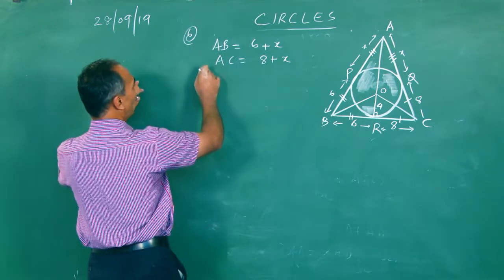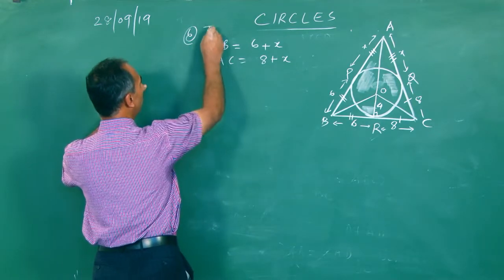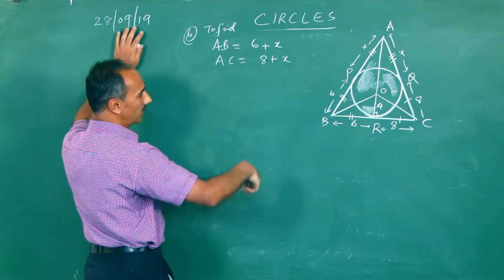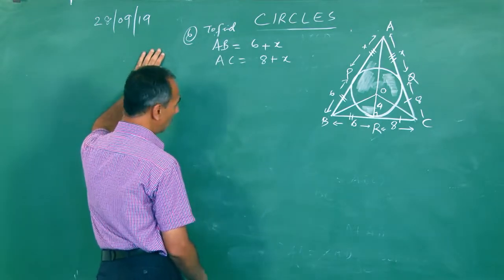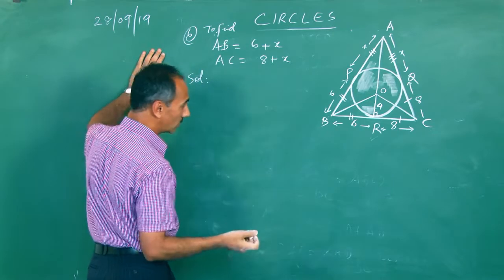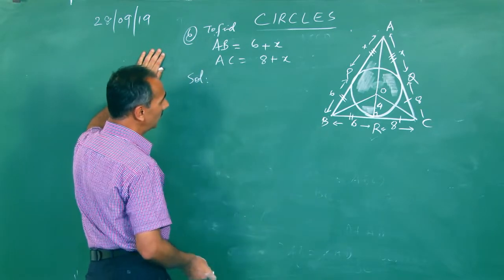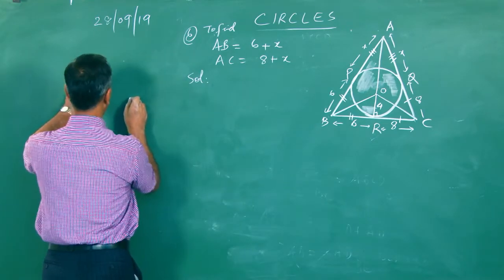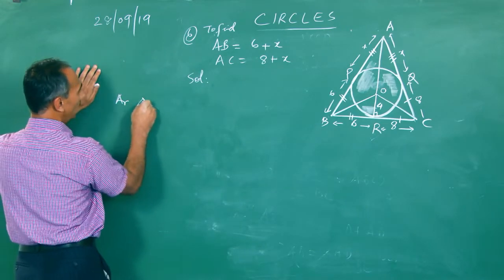So we have to find the length AB, which is 6 plus X, AC, that is 8 plus X. So what I will do, I will be doing the solution. No proof required. This is solving. Given you could write. Now we'll take area of triangle ABC.